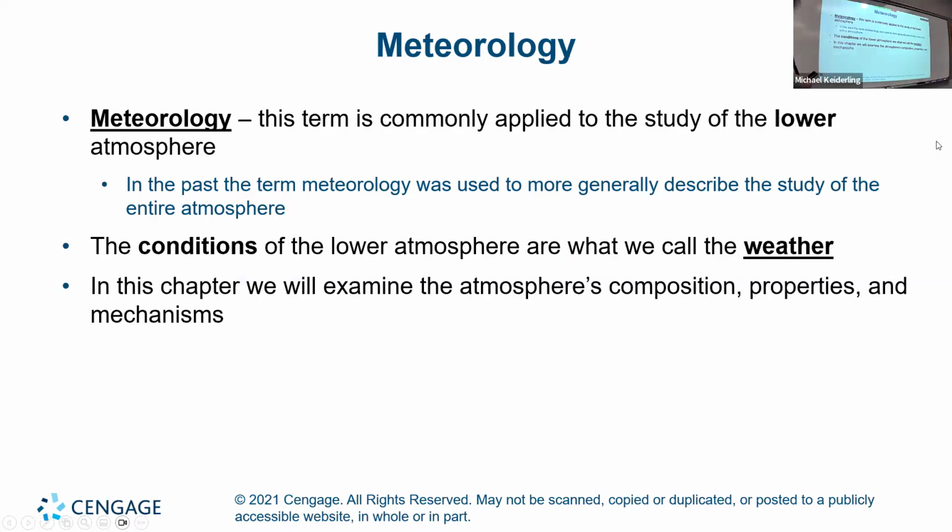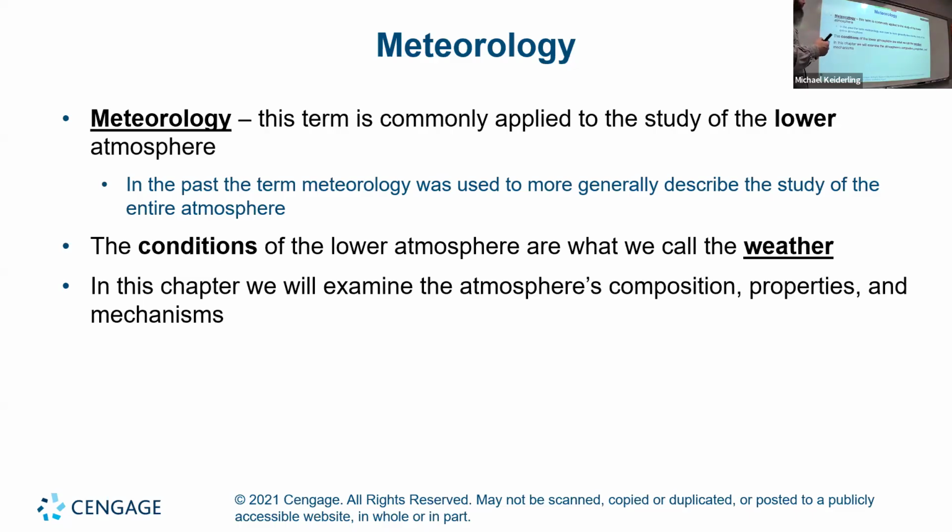So meteorology is commonly applied to the study of the lower atmosphere. In the past, meteorology was actually the study of, well, everything above your head, basically. It was used to more generally describe the study of the entire atmosphere. Meteorology and meteor, as in the rocks falling from space, come from the same source, etymologically.